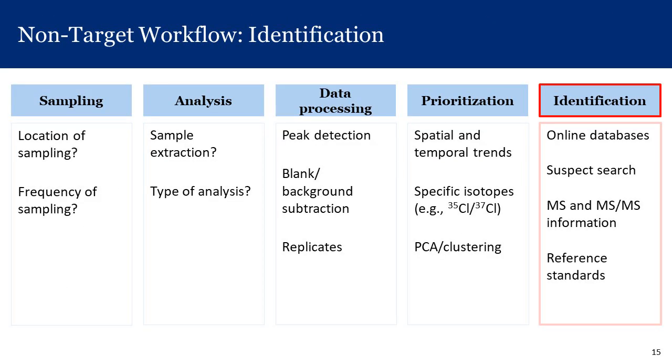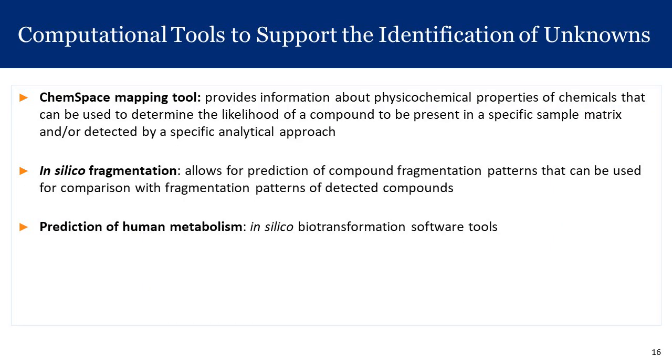Okay, and then last but not least, the ultimate goal is really the identification of compounds. For this, in addition to having reference standards, there's also an increasing number of computational tools that are important here. One important tool is the ChemSpace mapping tool that has become available recently and that is still being developed further.